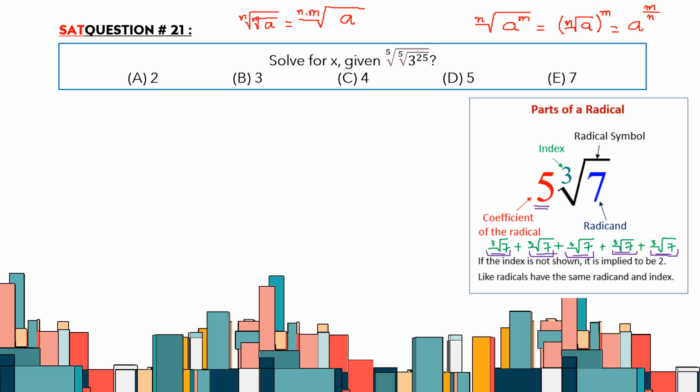Also, for example, if we have square root of a squared, we know that the index is not shown, it means it's 2.